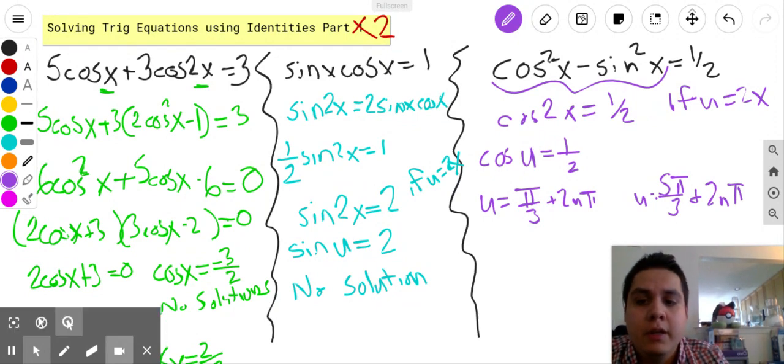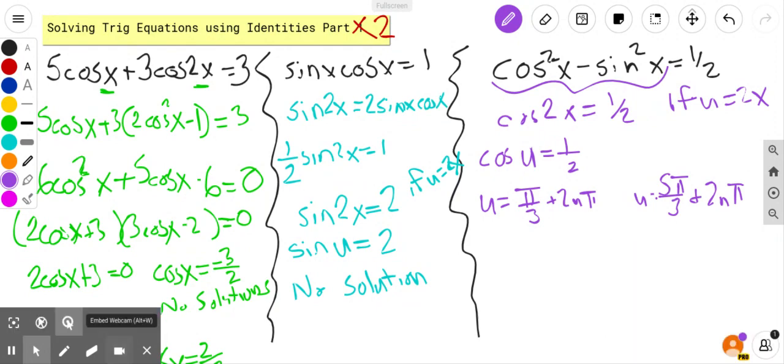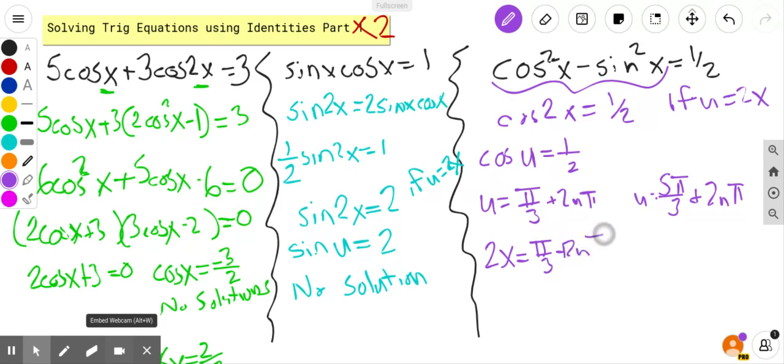And so from there, since I know what u should equal, that means that 2x should equal pi over 3 plus 2n pi, and 2x should equal 5 pi over 3 plus 2n pi.